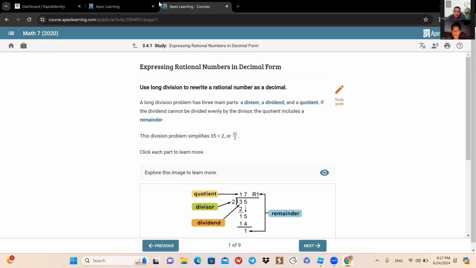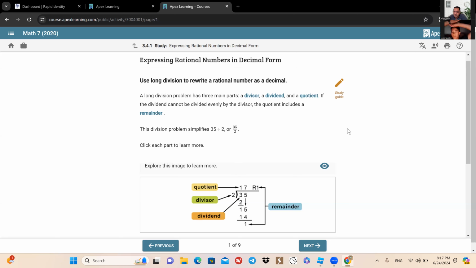Okay. Anyway, Sardar, what you have to know here is quotient, divisor, dividend, remainder. For example, divide 7 by 3, what is the quotient? 7 divided by 3, the quotient is 4, right? No, sorry, 2.